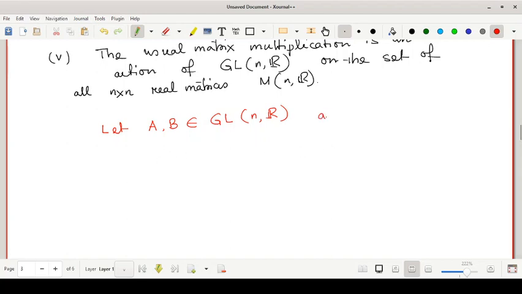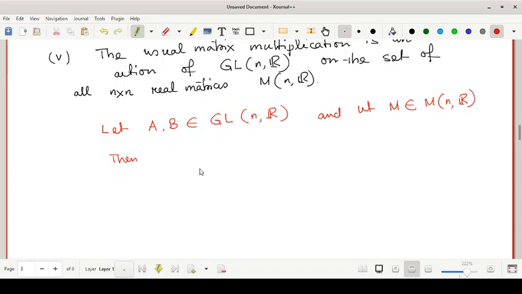And take any n by n real matrix and let M belong to M_n(R). Then, what is the operation in GL_n(R)? The operation in GL_n(R) is matrix multiplication. And this operation is going to be the action.